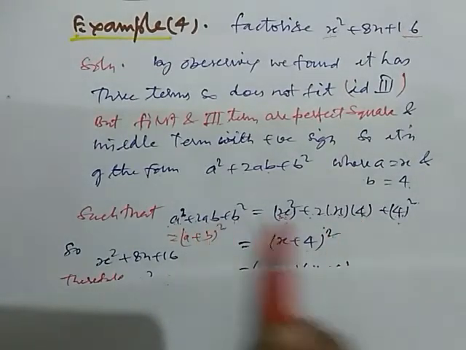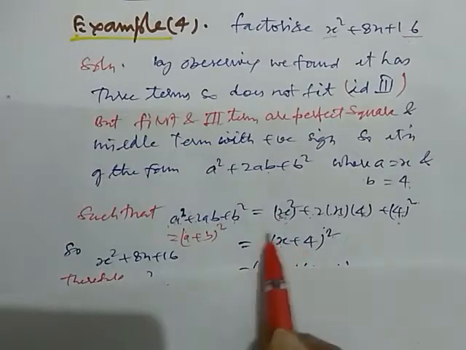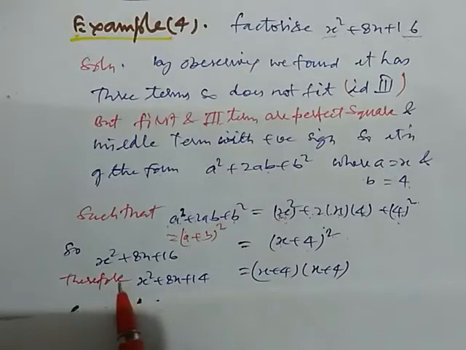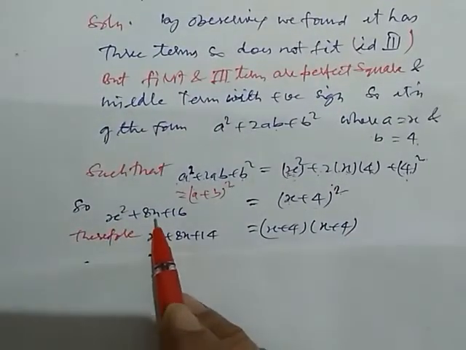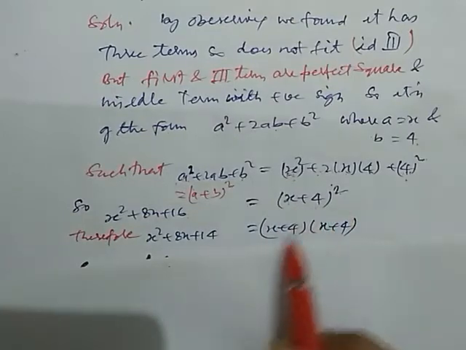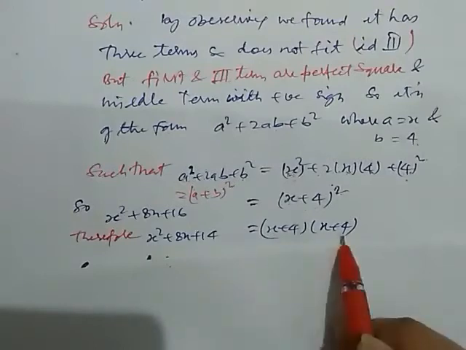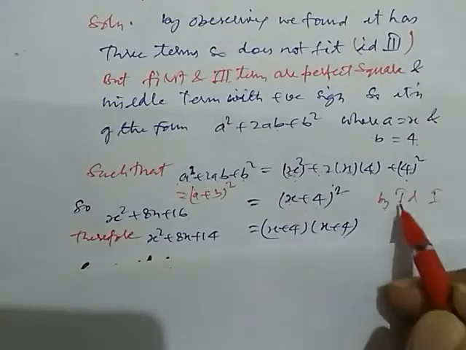By comparing these we find a equal to x and b equal to 4, so this is converted as x plus 4 whole square. Okay. So we can write x square plus 8x plus 16 as x plus 4 whole square, meaning x plus 4 into x plus 4. These are the factors which we have by using identity first.